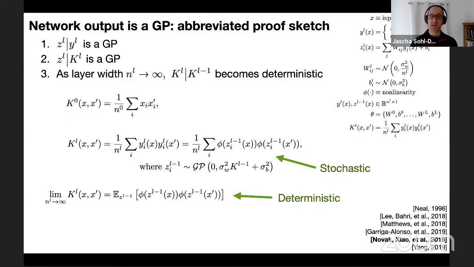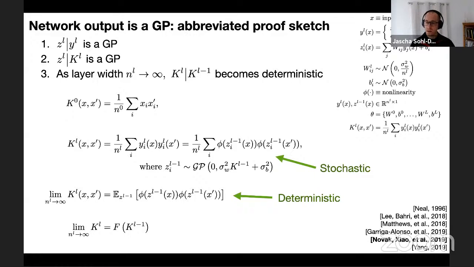The value of this expectation is deterministic though. This means that in the limit of infinite width, the second moment matrix KL at layer L is a deterministic function of the second moment matrix KL minus 1 at layer L minus 1. We're going to write the deterministic functional that transforms KL minus 1 into KL as F. So we can say that KL is equal to F of KL minus 1.